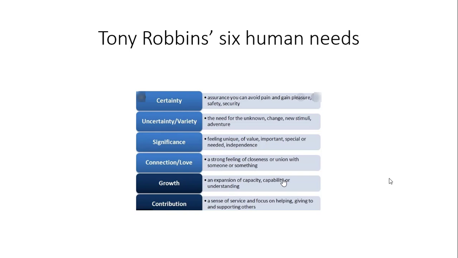And significance. Significance is a feeling of being unique, of value, important, special, needed, independence. I'll give an example. A classic example would be Donald Trump. The reason why he wants to become president, one of the human needs he wants to be met is to feel significant.